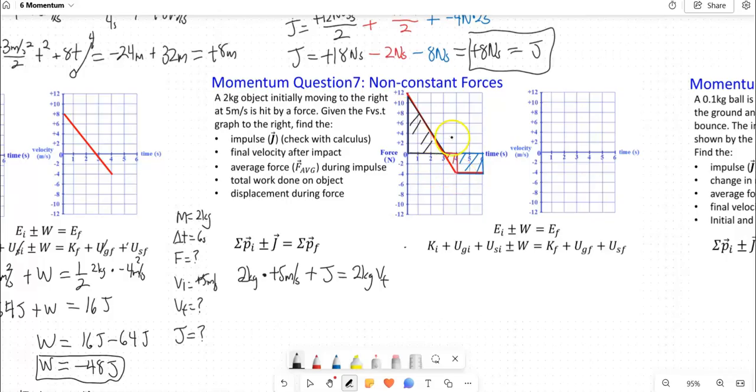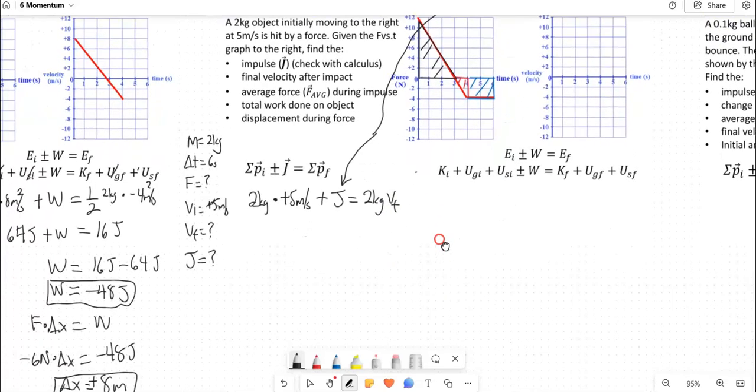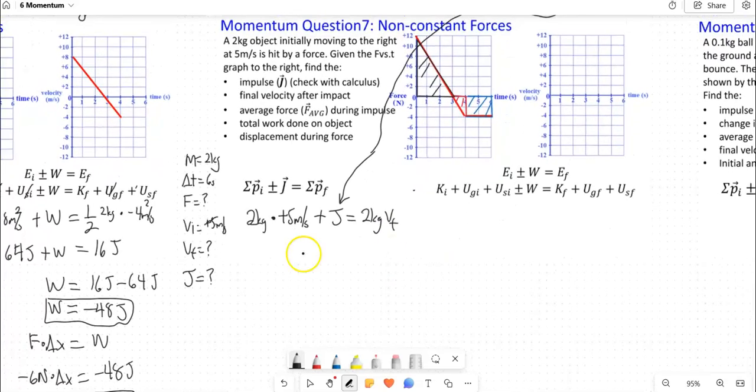Okay, all the little triangles and areas. So now we're just going to insert that right into here. This is going to be positive 10 kilogram meters per second, plus 8 Newton seconds, which is 8 kilogram meters per second, plus 2 kilograms times V final.